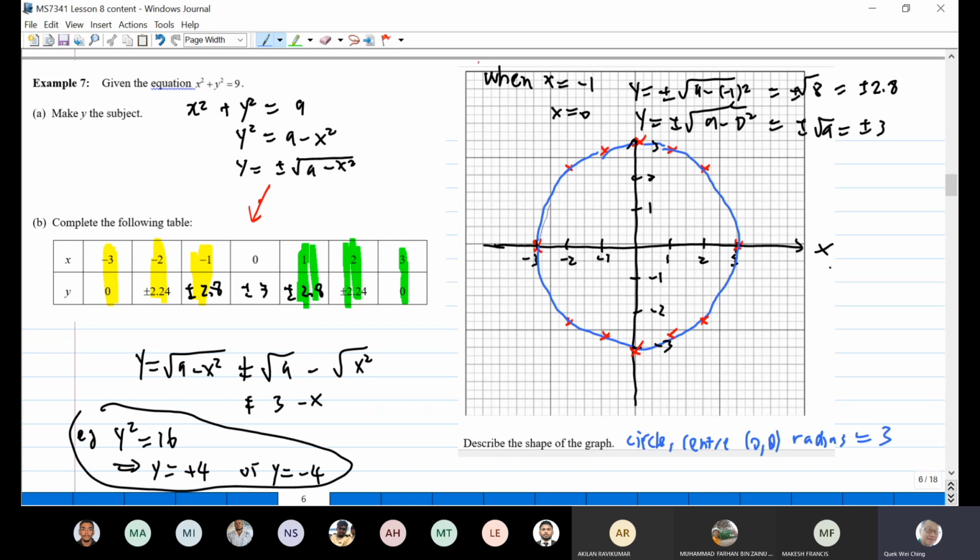So this is how you describe the shape of example 7. Okay, from the equation, you get the table.